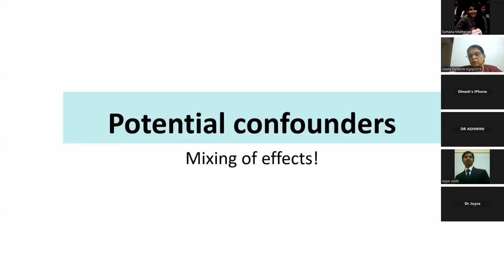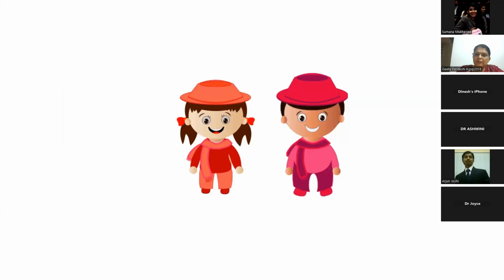So confounding actually means mixing of effects. And I will just give examples. You identify two individuals and you see them together often, and you feel that there is an association between the two individuals, a special relation between them.